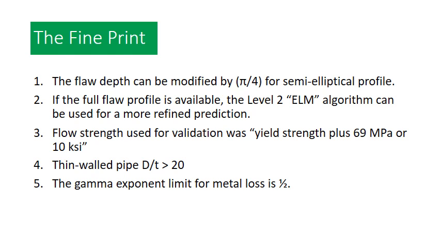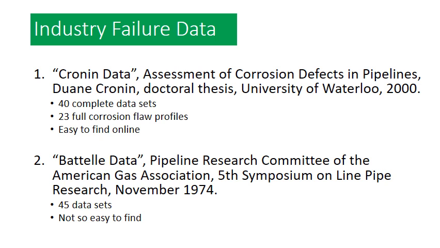As far as industry failure data goes, I've got two very good sets. One I'll call the Cronin data, and that's from a doctoral thesis from the University of Waterloo in 2000. Now, there are 40 complete data sets, and of those 40 data sets, there are actually 23 full corrosion flaw profiles.